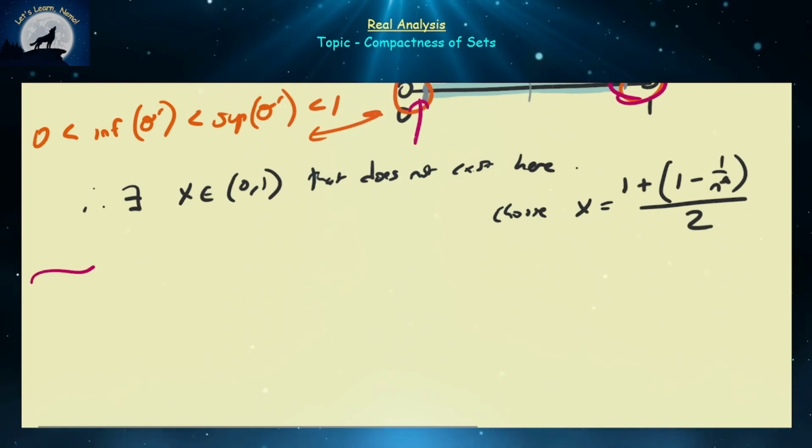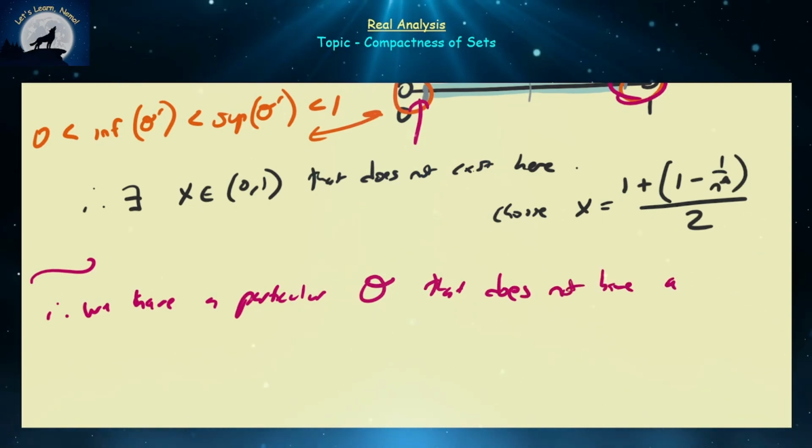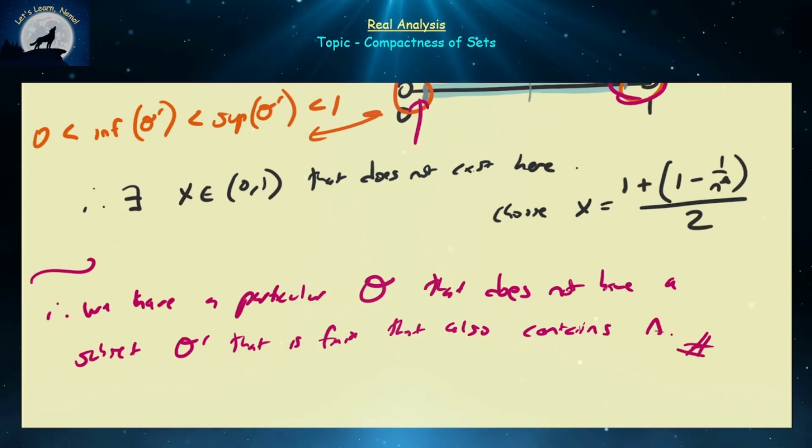Therefore, we have a particular open cover that does not have a finite subset O prime that also contains A. That is, it doesn't have a finite subcover.